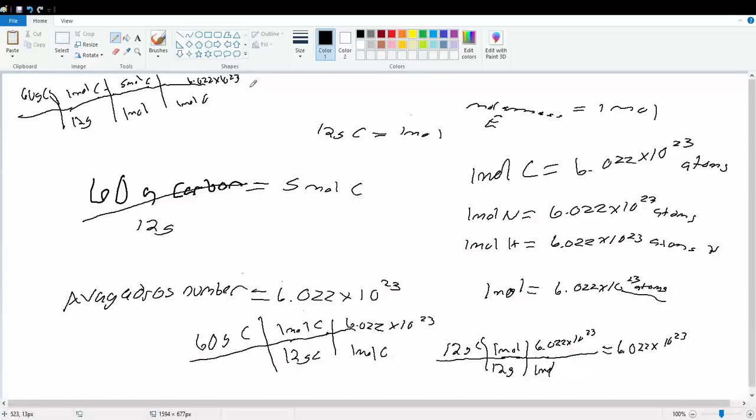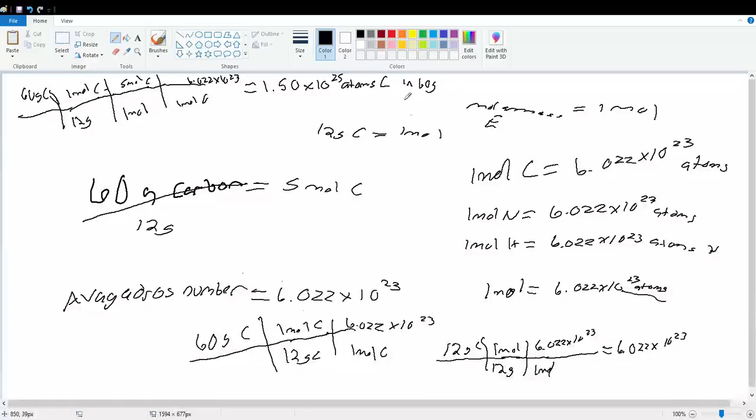When you do that, you get 1.5 times 10 to the 25 atoms of carbon in 60 grams.